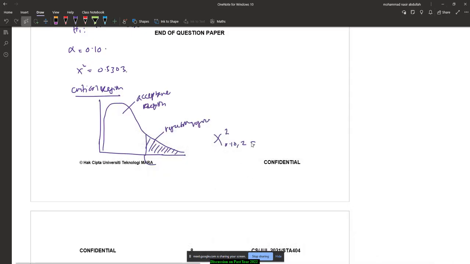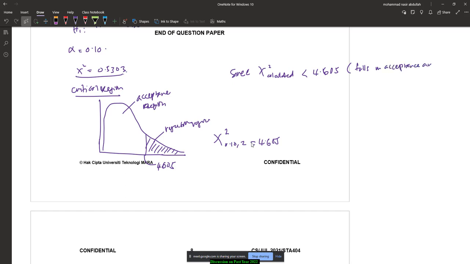So the decision rule: since chi-squared calculated is less than 4.605, or falls in the acceptance area, the null hypothesis is accepted.